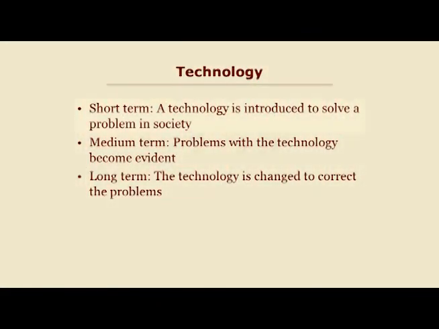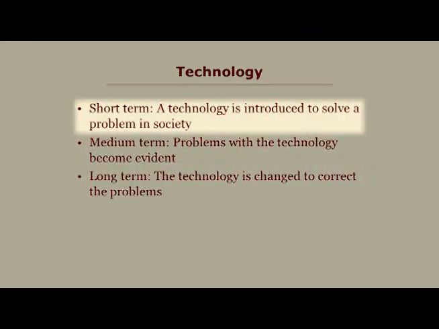The reason is that technology provides things that people want, and therefore there's a tremendous incentive for technology to succeed. Now, does that mean that technology is always without problems? And the answer is, of course not. But we have to think of technology in terms of time. Short time, technology solves a problem, and therefore it has advantages and is quickly adopted.